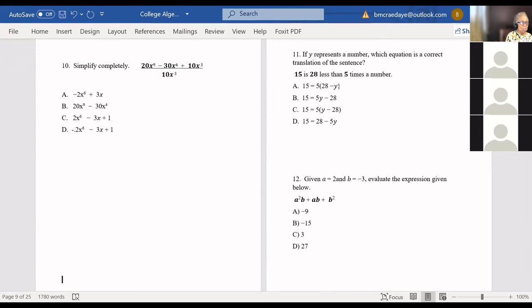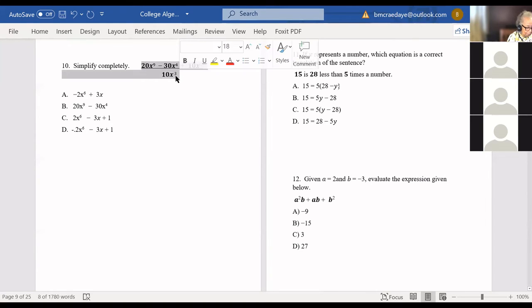What number goes into each one of them? 10. And what else? You can use 5 too. Actually, the 10x to the third can be divided into all of these, right? Yeah. So the answer is A.